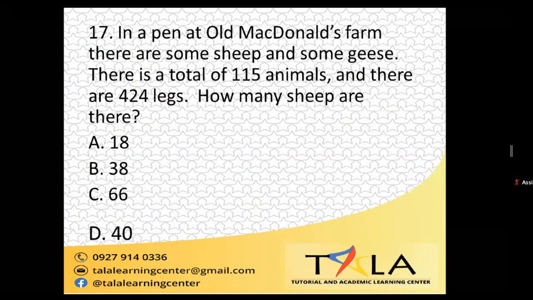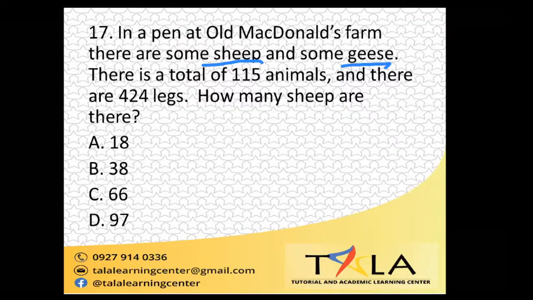Okay. In a pen at Old MacDonald's farm, so parang kanina yung ginawa natin, this is a mixture problem. Teacher, hindi naman siya amount ng something or something. Pero, number siya ng legs. So, kailangan may idea ka about the sheep and the geese. So, sa geese, ilan yung paa? 2, yung legs niya. Yung sheep, 4.